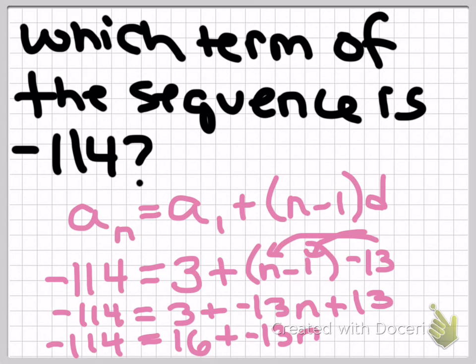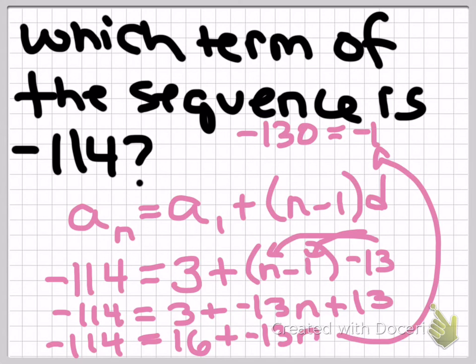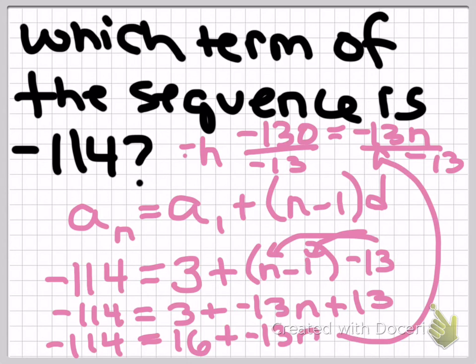It's going to give me negative 130 equals negative 13n, and then I'm finally going to divide by negative 13 to get n is positive 10. So the number negative 114 is the 10th term in this particular sequence.